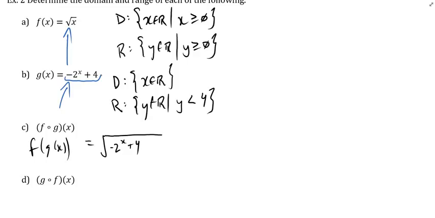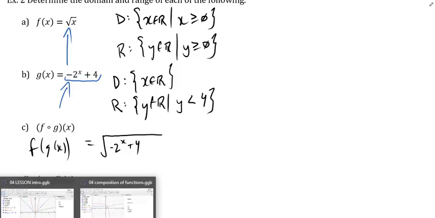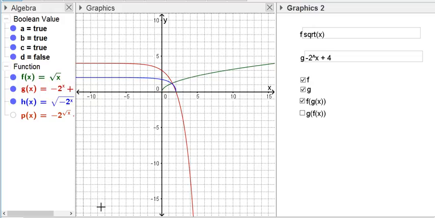So if I put in negative 10, I get 1 over 2 to the 10, really, really small, negative of that, plus 4 is still a positive number. And we can see that in the graph. Right? If I put in negative 10, so up here, I do get a value for x.